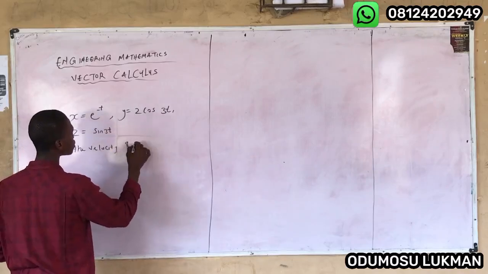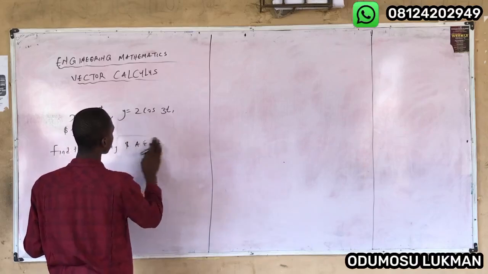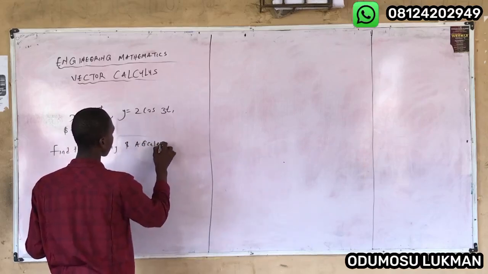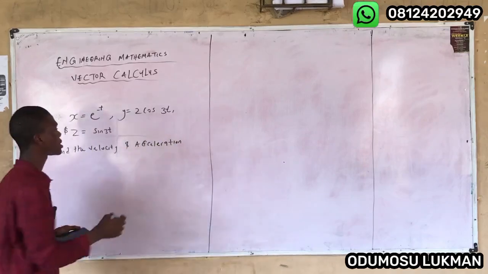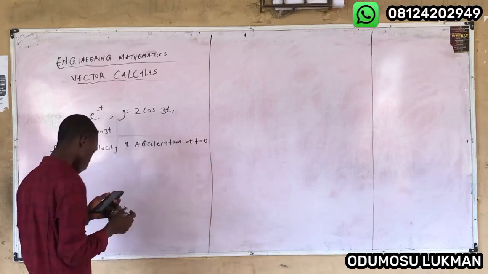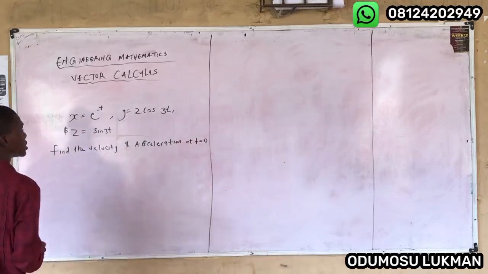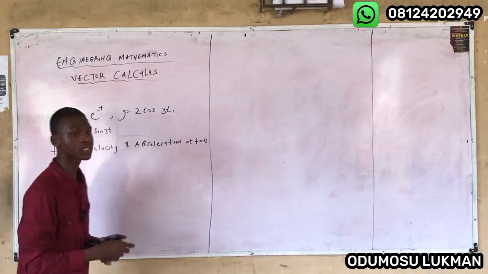Find the velocity and acceleration at t equals 0.